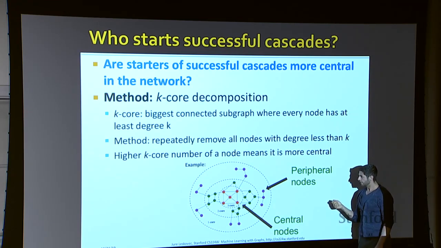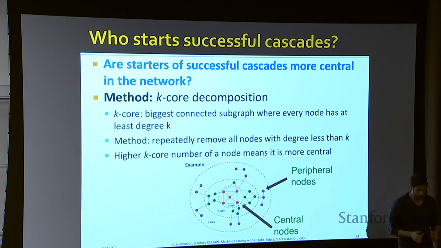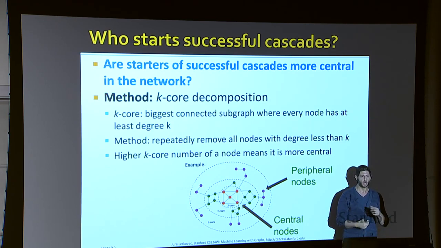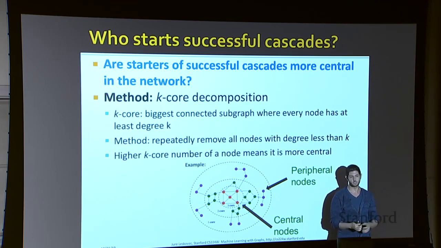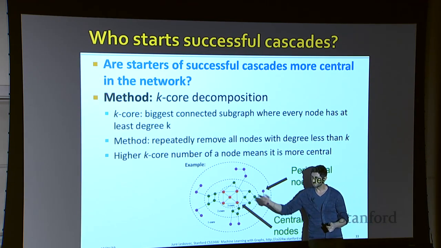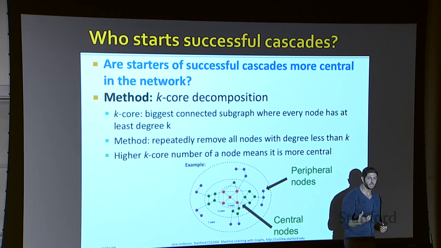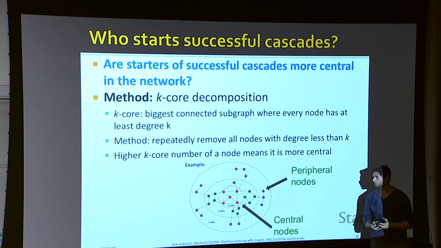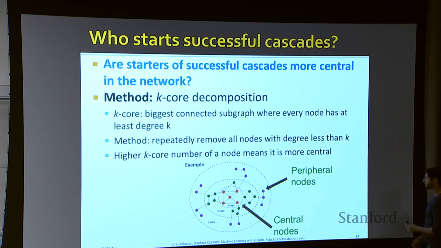The reason is that it doesn't only count to have a very high degree, to have a lot of people following you. You also want to be part of a network where a lot of other influential people are connected to you. That's the difference between degree centrality and K-core: not only do you have a high degree, but you also have very strong connectivity to other nodes that have very high degree. That's the intuition of what the K-core is capturing.